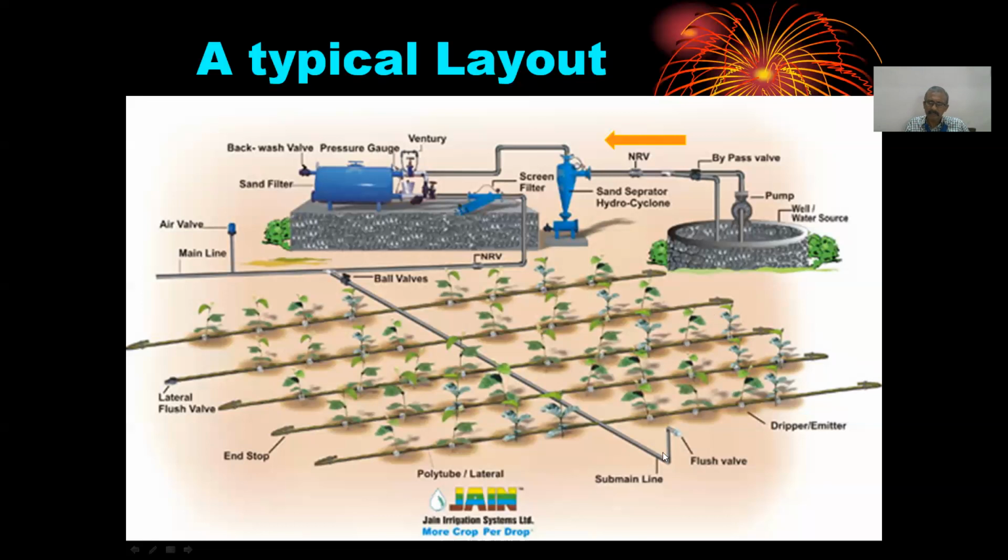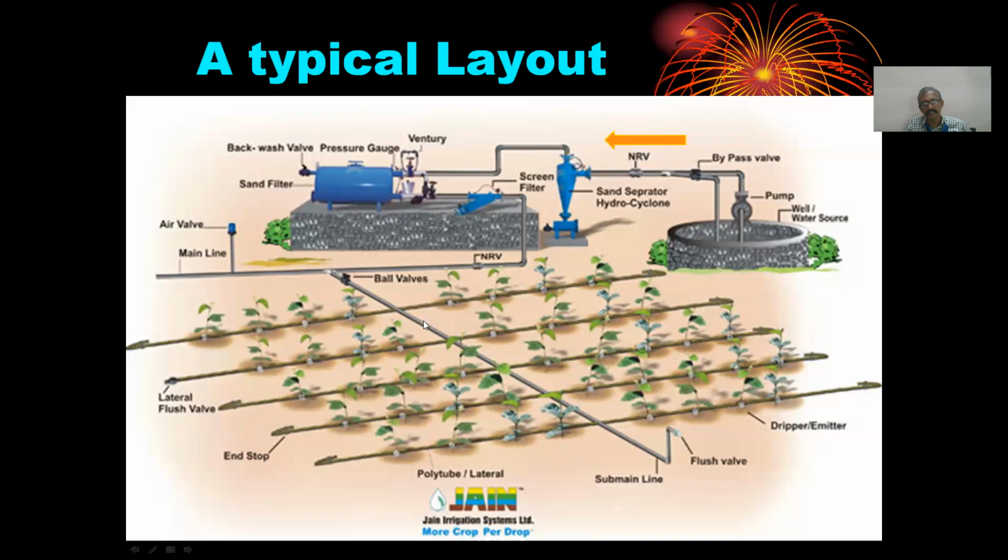So this is the purpose for which the flush valve is placed here, and an easy opening and closing provision is provided at this place. And you find here there is an air valve. The air valve is also useful in reducing the soil particles getting sucked into the system. When the pump is shut off, I said the vacuum gets created.